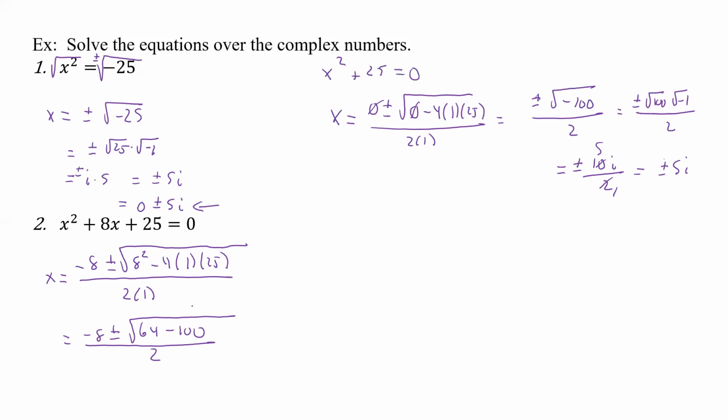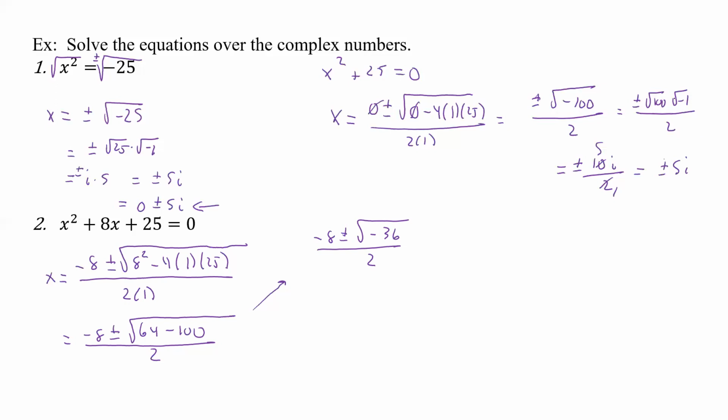All right, that's easy. Now we're going to go up here because we're running out of room. So we're kind of going down. Now we'll go up here. And so that's going to be minus 8 plus or minus the square root of, well, 100 minus 64 is going to be 36, and it's going to be negative, all over 2.